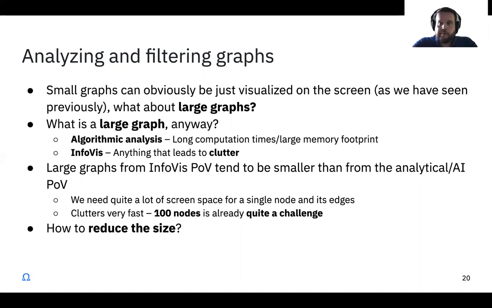So that's considerably more pixels for just one node than for one data point in a scatter plot, and the result is that this clutters very fast. If you have a graph with 100 nodes, it's already quite a challenge to visualize directly. So it explodes very fast. The question is, how do we reduce the size for display on the screen? In the following section, we are going to go over a couple of basic techniques to facilitate this.